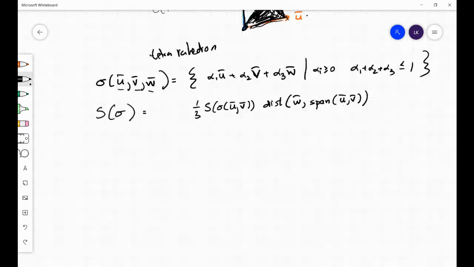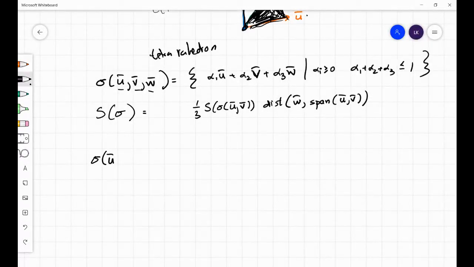So you can see the general idea here. You have n vectors, which are, let's just say, linearly independent.